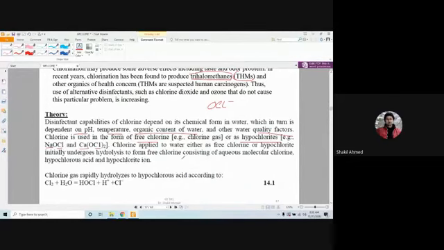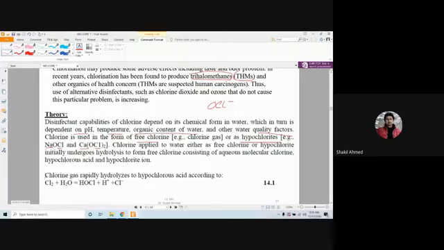Chlorine applied to water either as free chlorine or hypochlorite initially undergoes hydrolysis to form free chlorine consisting of aqueous molecular chlorine, hypochlorous acid, and hypochlorite ion. What happens?